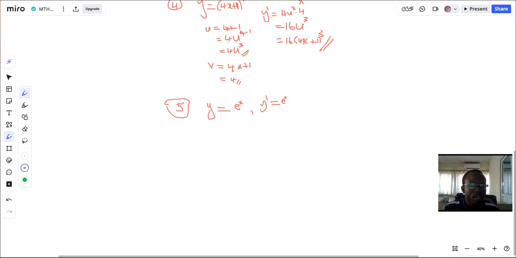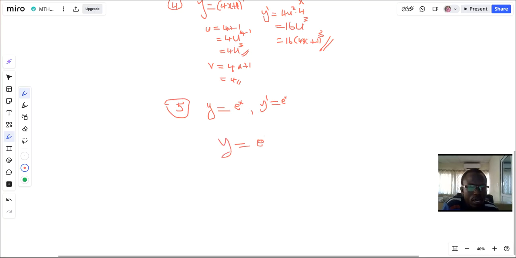That's true. The derivative of the exponential is the exponential itself. That means it does not change.